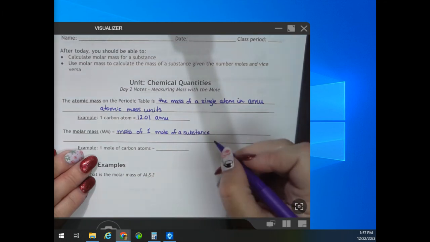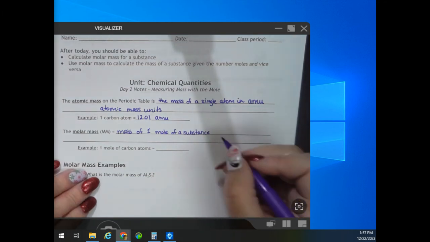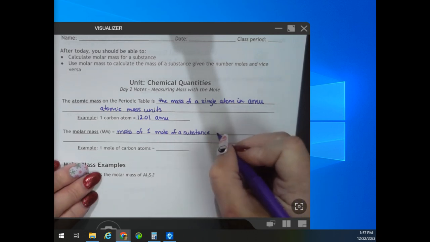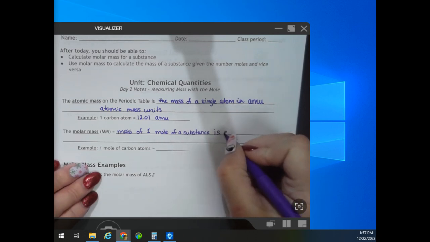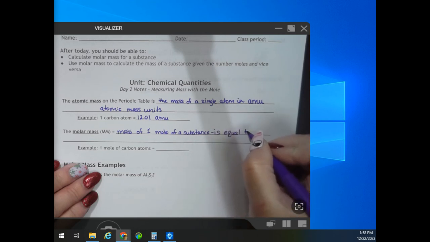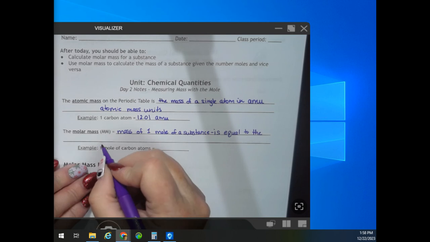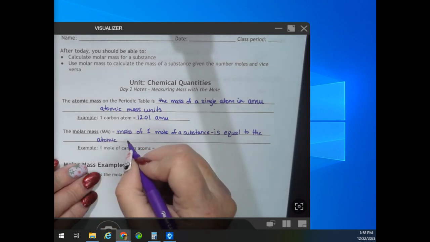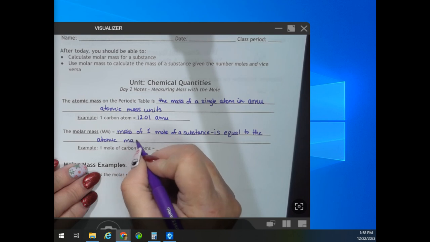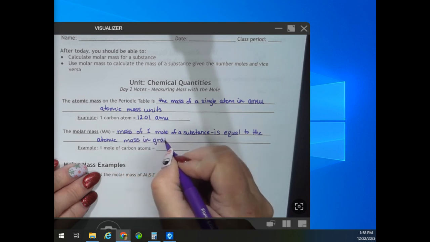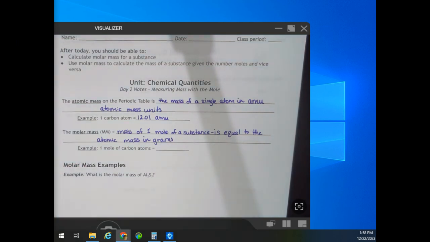What that means is that 1 mole of the substance is equal to the atomic mass in grams. So basically, we're looking at the exact same number.